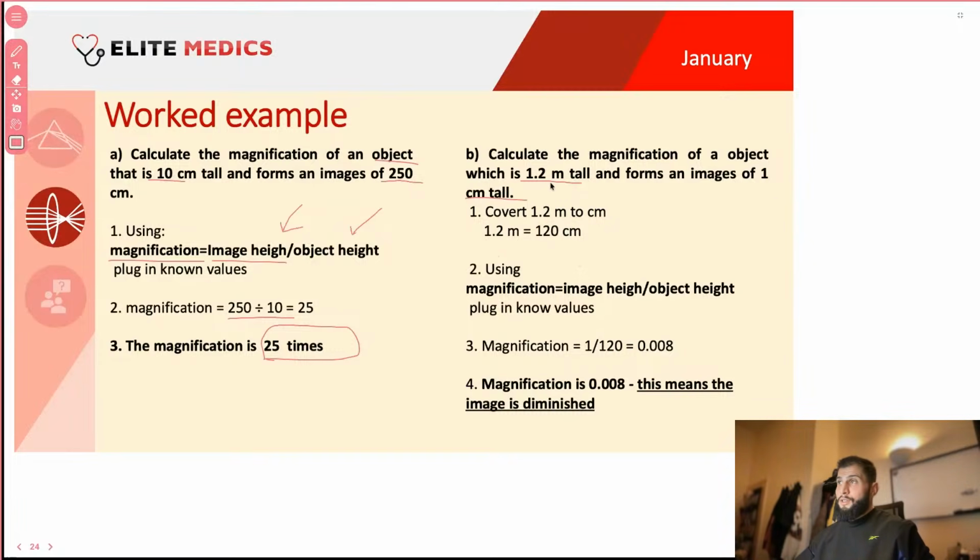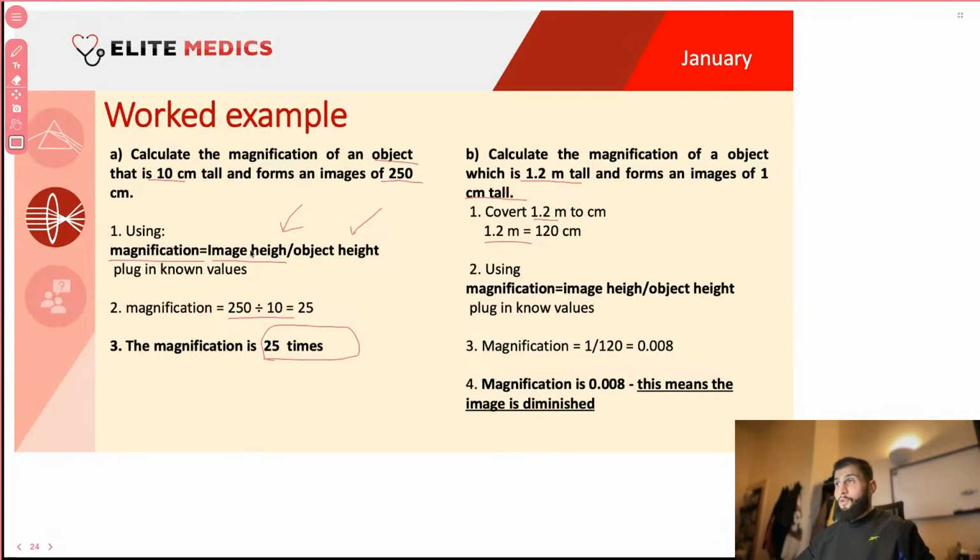You could convert the 1.2 meters to centimeters, or you can do the other way around. But for this case, we'll convert 1.2 meters to centimeters. So 1.2 meters equals 120 centimeters.